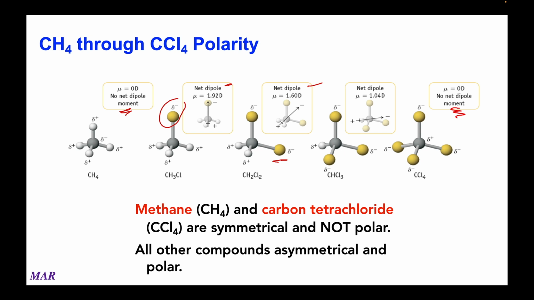Replace a third hydrogen with a chlorine, now again asymmetric because 1 hydrogen and 3 chlorines, nothing's the same, polar. But again, once you have every position with hydrogen replaced with a chlorine, that's going to have a symmetric environment once again, nonpolar. So the far extremes are nonpolar, but everything in the middle is polar.